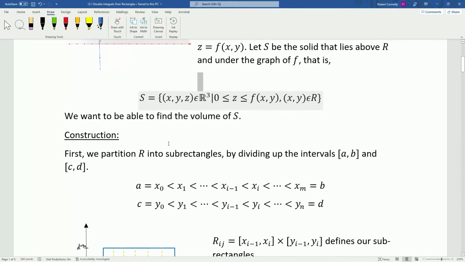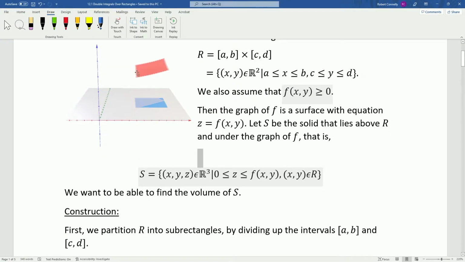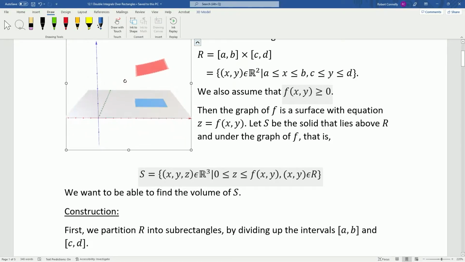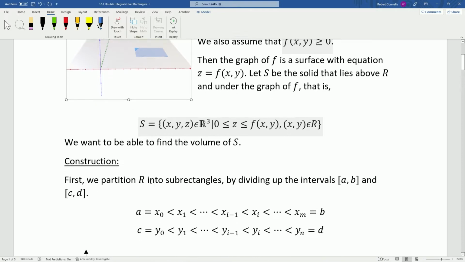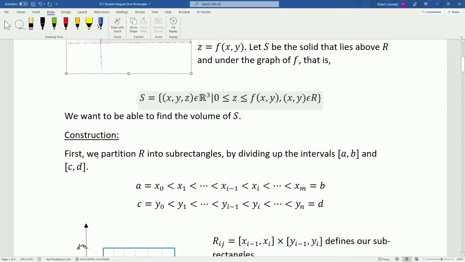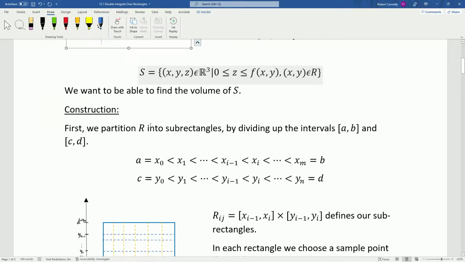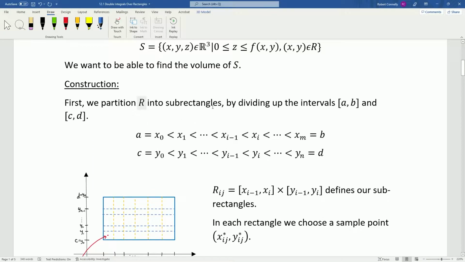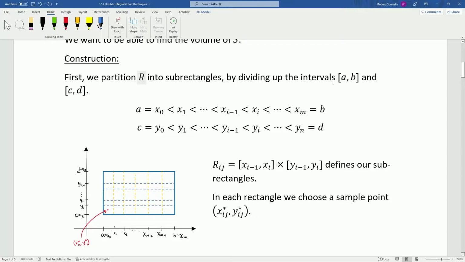So how can we find the volume of that figure, of what lies beneath that red surface here? Well, first, we take our region R and we partition it into sub-rectangles by dividing up the intervals AB and CD.